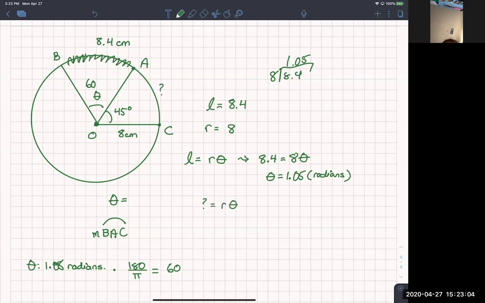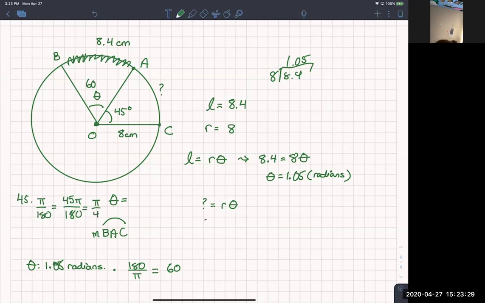You would take your 45 and convert it. Remember, we multiply it by pi over 180. That gives me 45 pi over 180, which if we reduce, we get 1/4. So it's pi over 4.